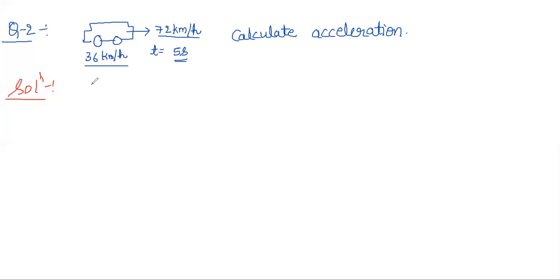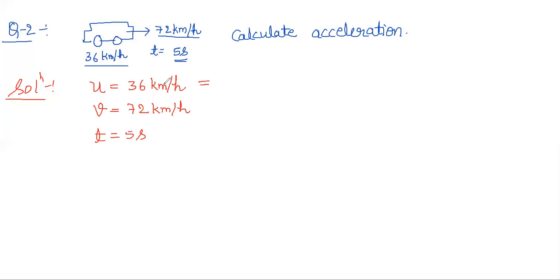Firstly, write the given data. U means initial velocity, which is 36 kilometer per hour. Final velocity V is 72 kilometer per hour. And time is 5 seconds. Always in the examination, firstly write the given data.